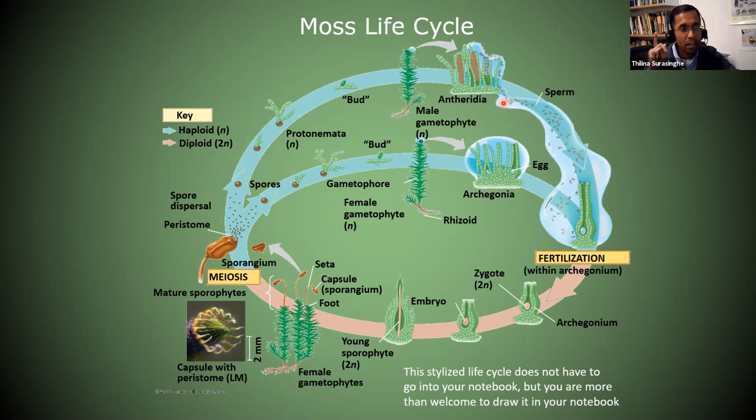So remember, for sperm to be released and for fertilization to happen, they require water. Without that, they cannot. So in a dry environment, mosses cannot reproduce, right? They swim through water, enter the archegonia, and fertilize the egg inside the archegonia, right? And remember, archegonia is on the top of the female gametophyte.